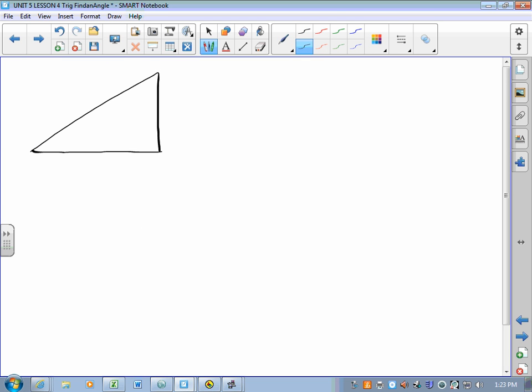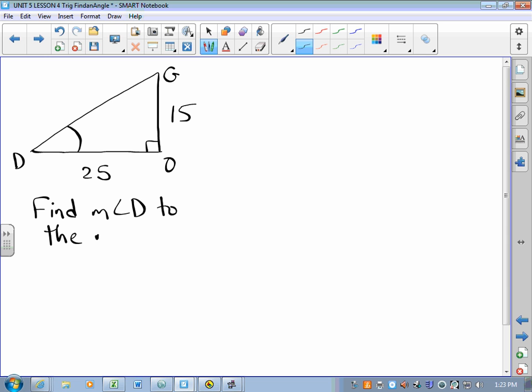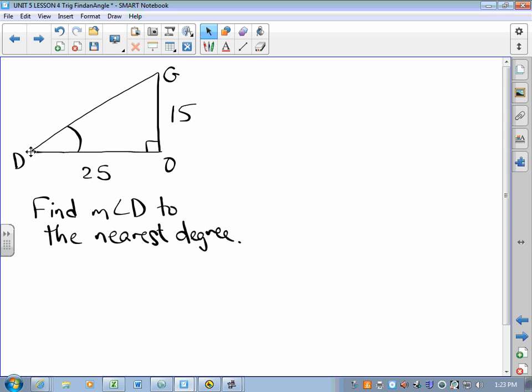I've got some right triangle, DOG, and GO is maybe 15, and DO is maybe 25, and I'm looking for the measure of angle D to the nearest degree. That's what I'm looking for.